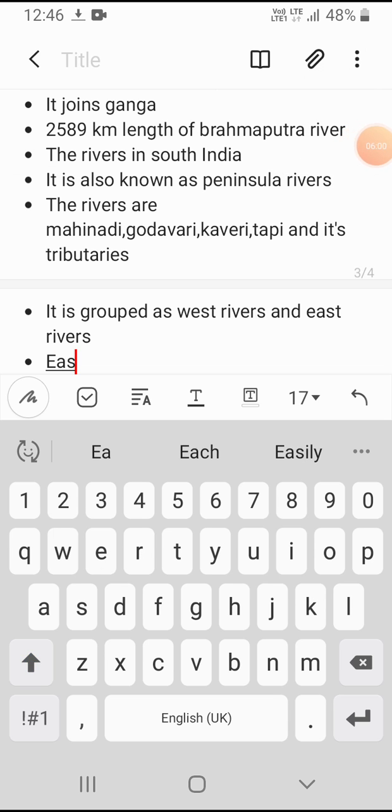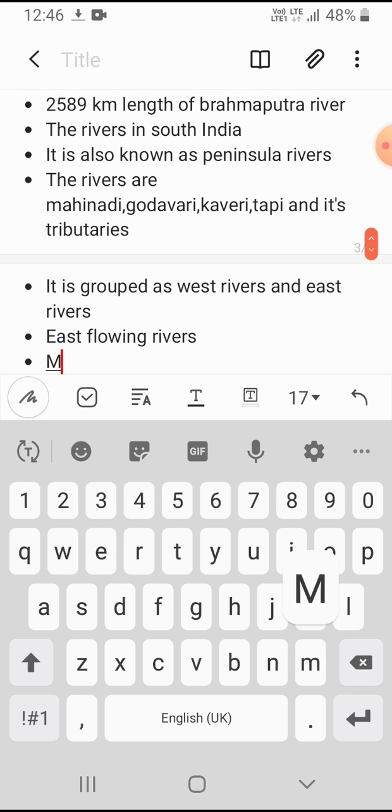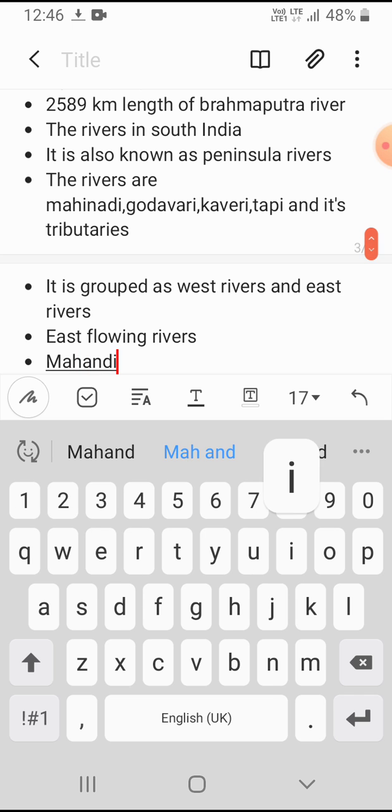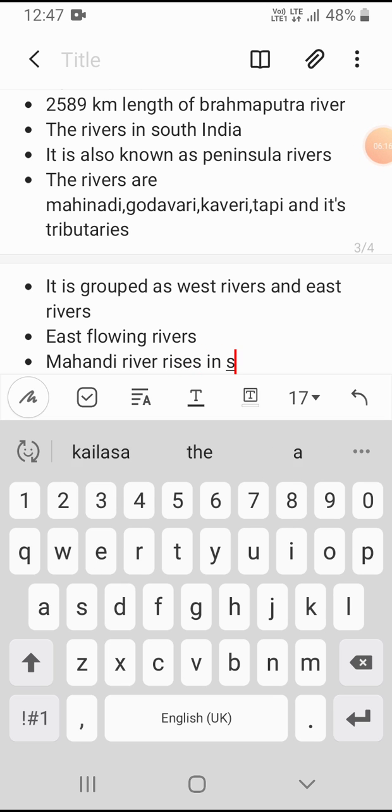So first let's know about east flowing rivers. First we learn about the Mahanadi river. The Mahanadi river rises in the Sihava range.